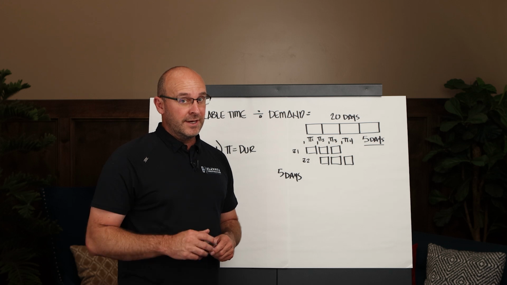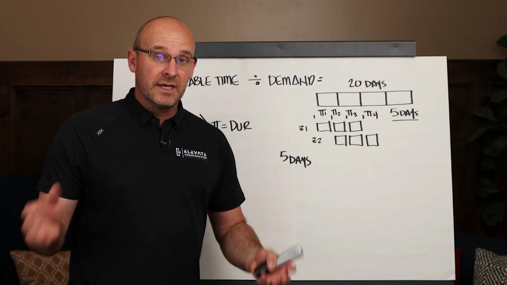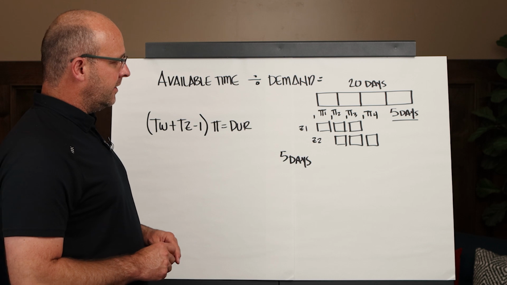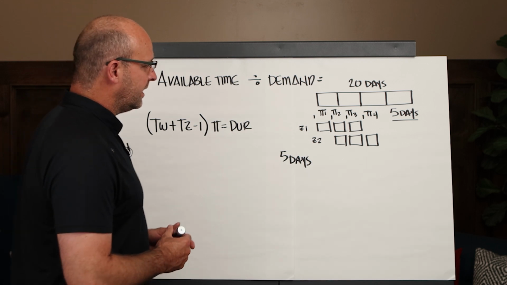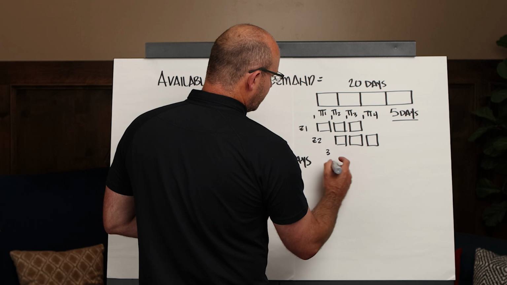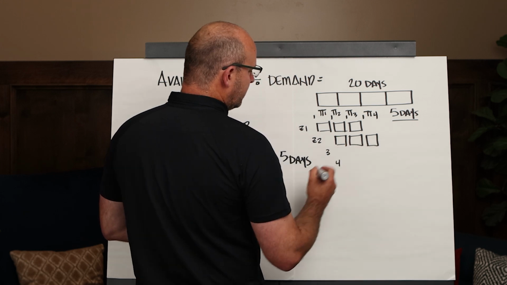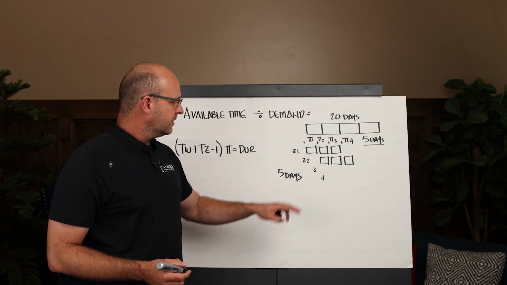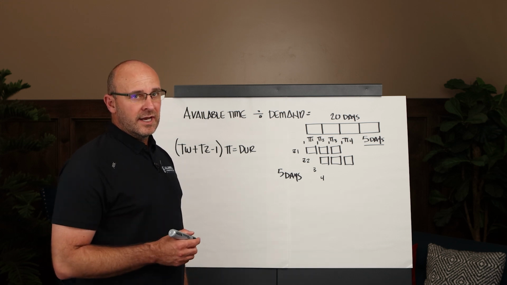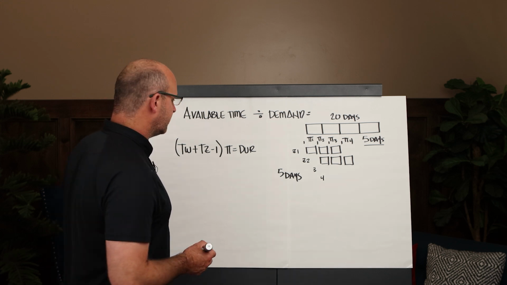But let me just go ahead and take you to the application of this to make this super simple. So this formula right here is pretty neat. Let's just say, what if I added zones 1, 2, 3, and 4, and then let's put it down to 3 days. If you're splitting these in half, we're only doing half the work, so that's 2.5 days. We'll round up to 3.